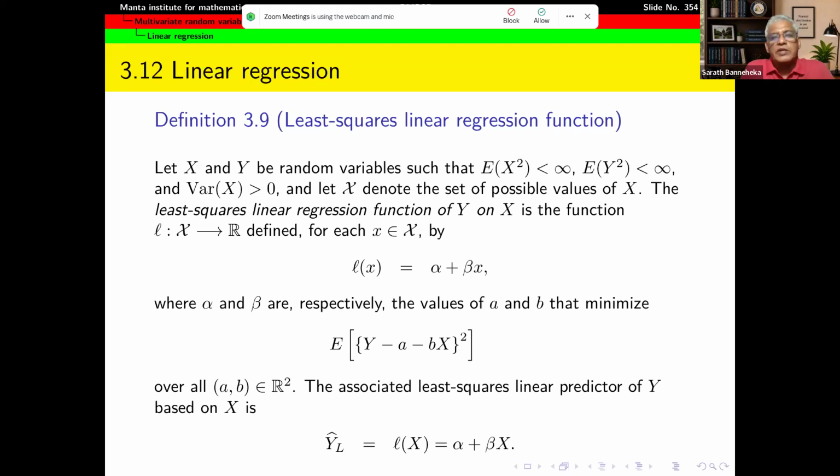To define what we mean by the least squares linear regression function between two random variables, let capital X and capital Y be random variables such that the expected value of X squared is finite and the expected value of Y squared is finite, and the variance of X is greater than zero.